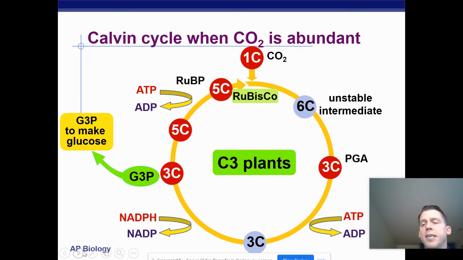All right. C3 plants usually undergo normal Calvin cycle because there's plenty of water. So there are not these long periods of drought where a plant is going to have to shut down and won't undergo photosynthesis as well as it should. However, this is a problem if you live in a hot and dry climate. You are much more likely to undergo photorespiration.